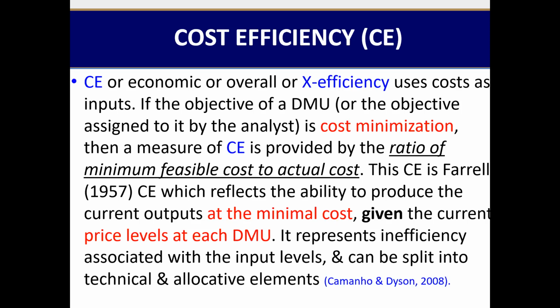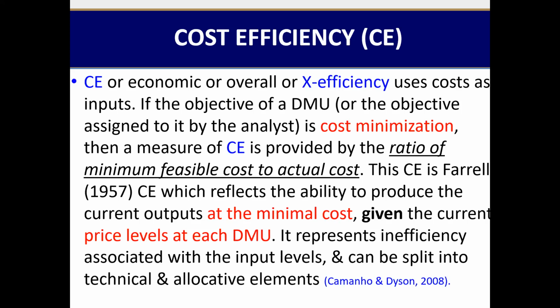But the key essence of cost efficiency is the ratio of the minimum feasible cost to the actual cost. So the minimum cost divided by the actual cost. So the actual cost is the cost you've gotten from the data set. Then based on these, you will now be able to identify the minimum cost. And then everybody will be assessed in relation to this minimum cost.